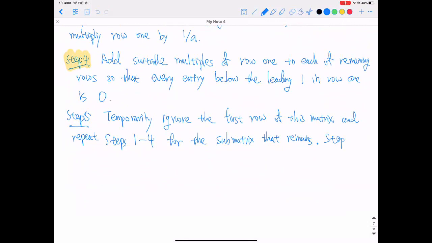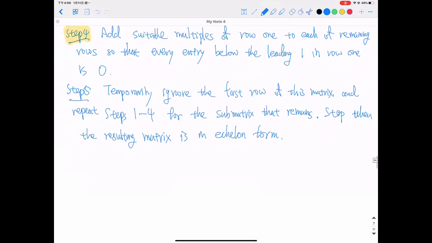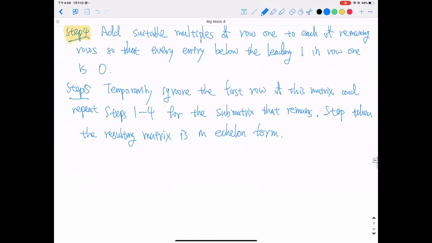That is, stop when the resulting matrix is in echelon form. Okay, now after you're done with step 5, you should arrive at a matrix in echelon form.